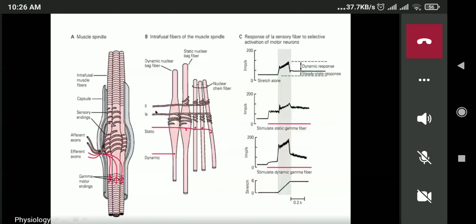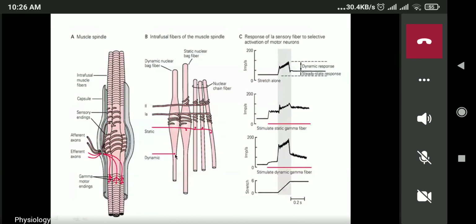Now motor nerve. I am talking about motor nerve now. The static motor is innervating static bag fiber and all chain fibers. Dynamic motor is only innervating dynamic. Am I clear? This figure, if you forget, you will forget everything.